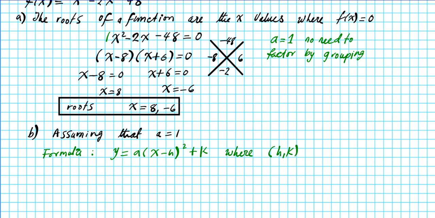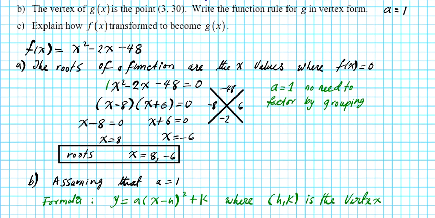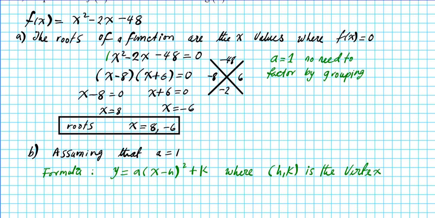What is h, k? It is the vertex, okay? In this problem, we've been given the vertex. The vertex is 3, 30, okay? So if the vertex is 3, 30, what does that tell us about the values of h and k? It tells us that h is 3 and k is 30.